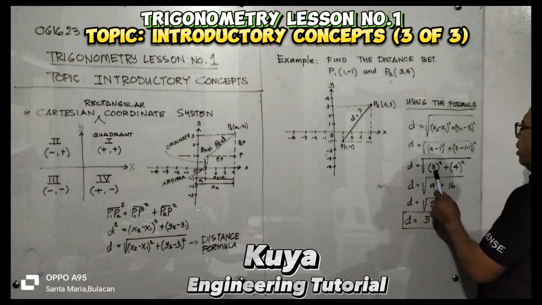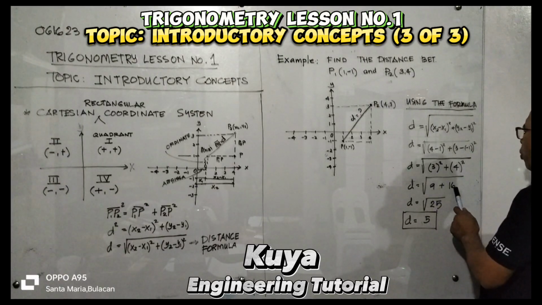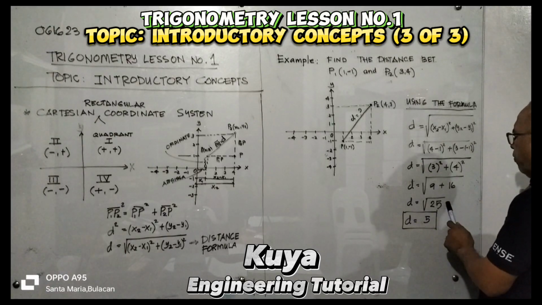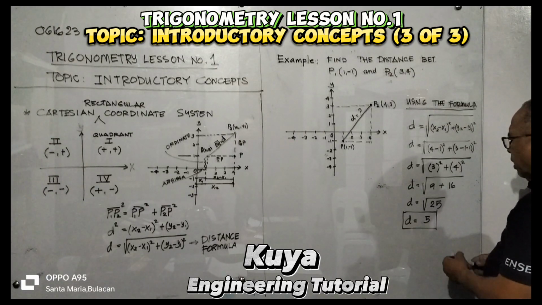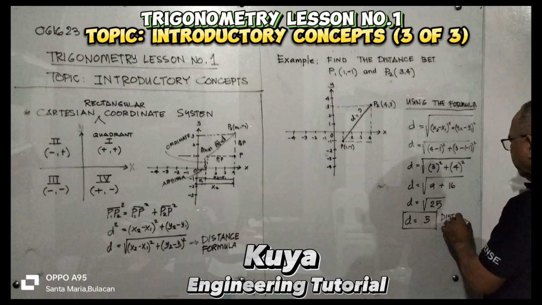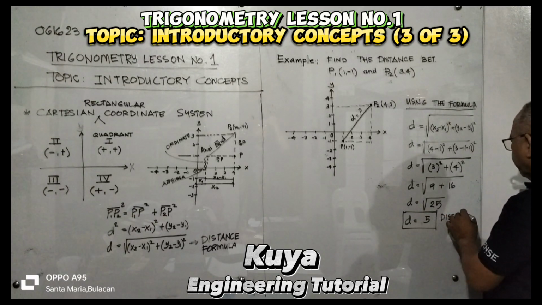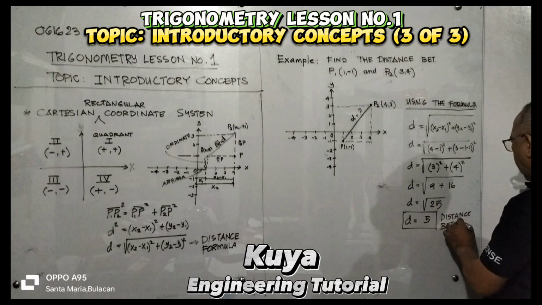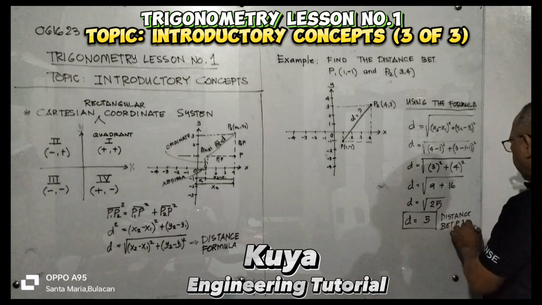So therefore, square of 3 is 9, square of 4 is 16, therefore D squared is equals to 25. Okay? So, square root of 25 is 5. So this is the distance between P1 and P2.